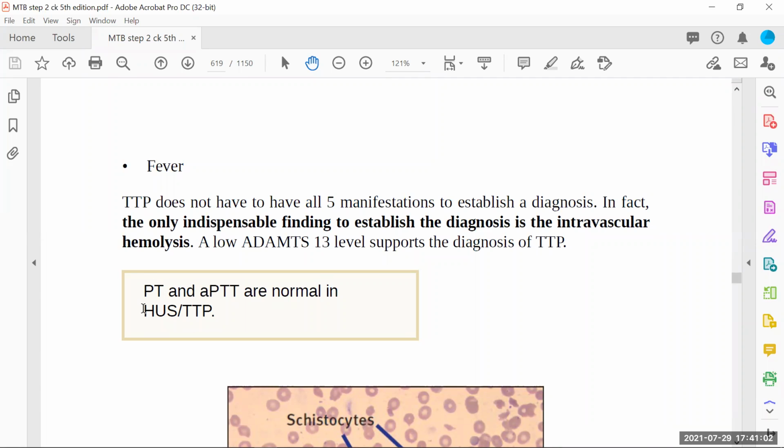You remember, we have already discussed this: whenever there is a deficiency of a clotting factor, you will see abnormal prothrombin time and abnormal APTT. But whenever there is a deficiency or something wrong with the platelets, you will not find anything related to PT and APTT. Of course, when platelets are low, bleeding will be increased.